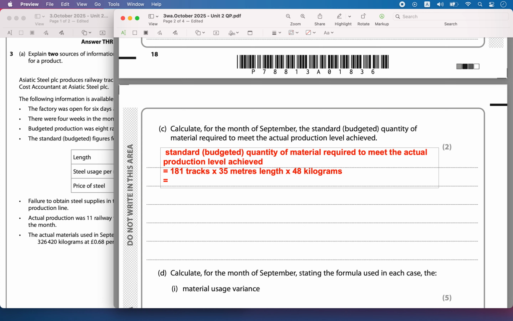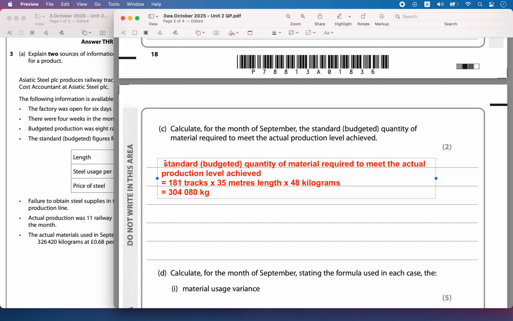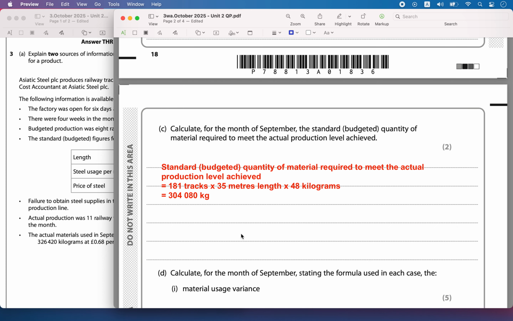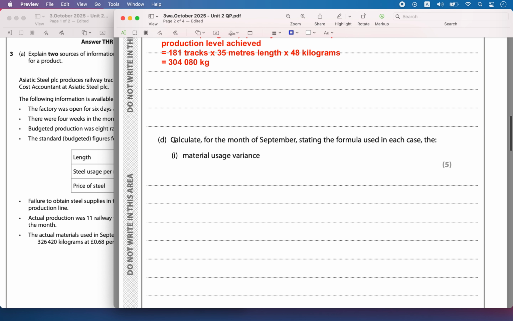So that is equal to 181 into 35 into 48, which is going to be equal to 304,080 kgs. This is the standard quantity of material that is required to meet the actual production level.